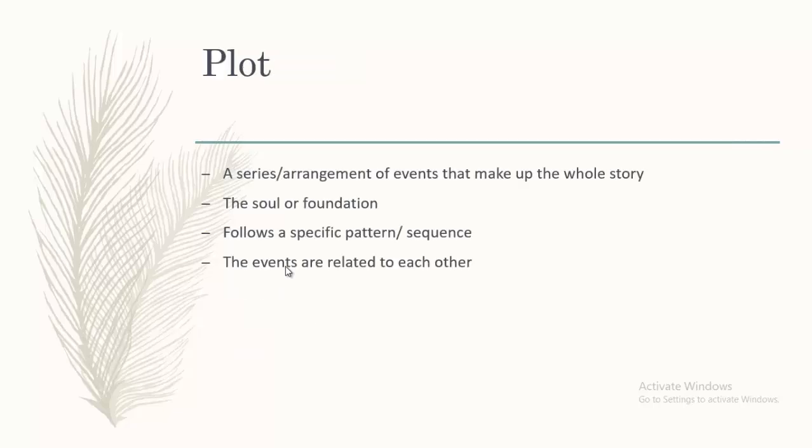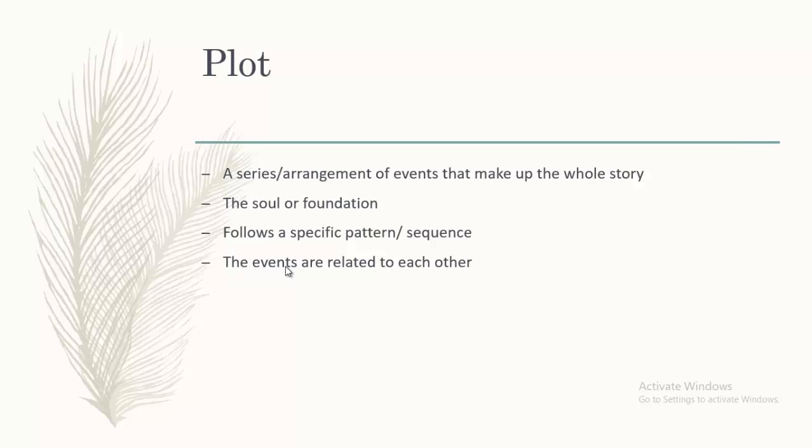You already know that plot is defined as a series or arrangement of events that make up the whole story. The whole story of any novel, any piece of writing, is made up of certain events, certain happenings, certain occurrings. A novel is basically a story, and a story is usually made up of certain events.